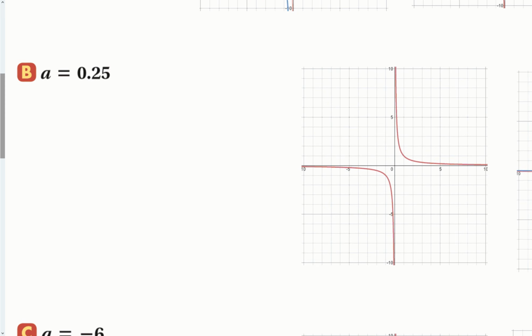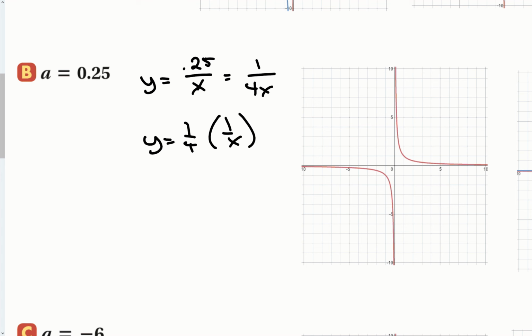For this one, now that's a fraction. So now y is going to be equal to 0.25 over x, or even better, 1 over 4x, right? It's going to be 1/4 times 1 over x. That's what 0.25 over x means.